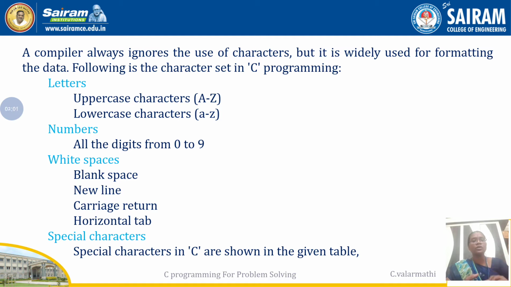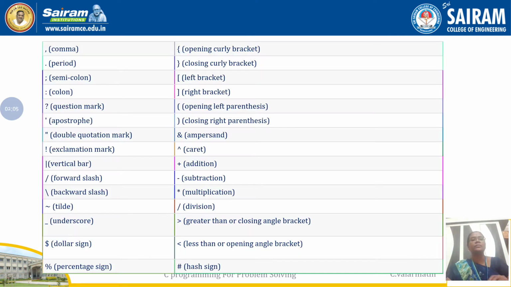And what is meant by special characters? Special characters are like colon, semicolon, ampersand, question mark, open parenthesis, closing parenthesis, caret symbol, addition and subtraction operations. Many special symbols are there, each carrying one meaning in C programming.